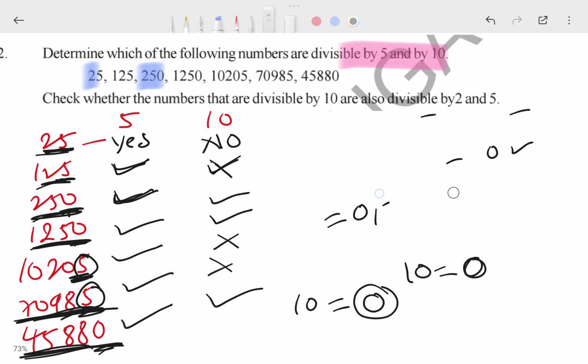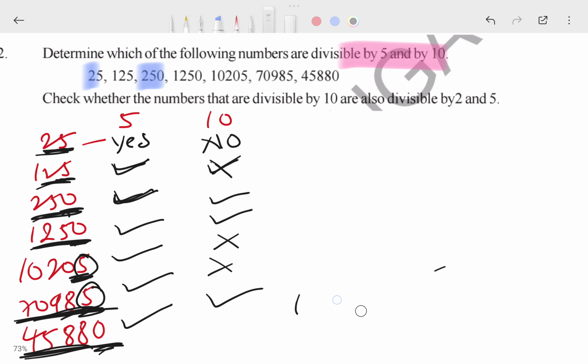If it is clear to you, then let's see what the next question is telling. The next question is: check whether the numbers divisible by 10 are also divisible by 2 and 5. So whichever number is divisible by 10, in this one which numbers are divisible by 10? Let's see.